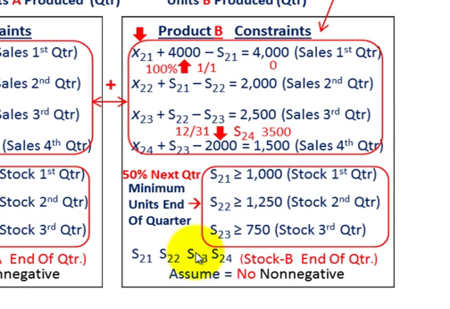If you can't assume it's greater than or equal to zero, you're going to get a different solution. Okay, so that's pretty much how we set up our objective function and our constraints for a sales budget and a production budget to minimize our cost of production, based on our sales and also our stocking requirements. Next we'll quickly analyze the solution that we came up with.